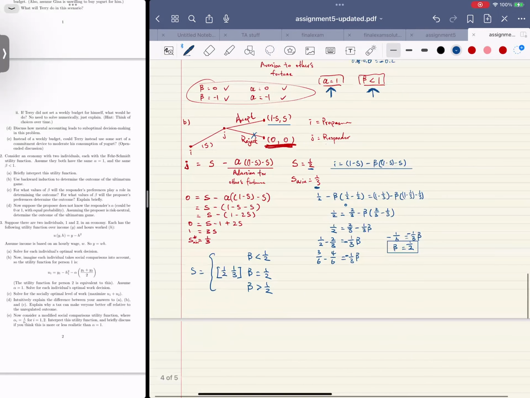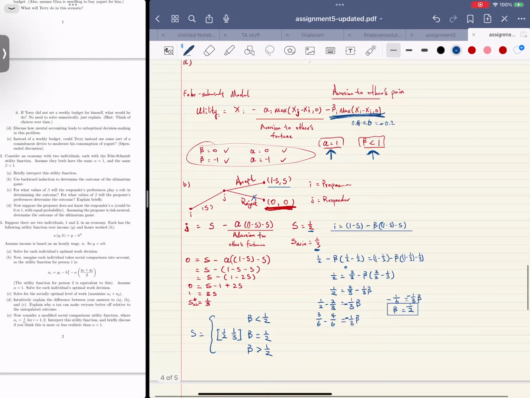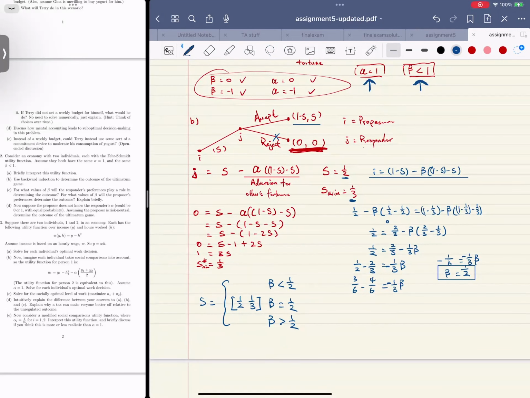When beta is less than 1/2, that means we're going to pick 1/3, the bare minimum. If beta is greater than 1/2, we'll give them 1/2.